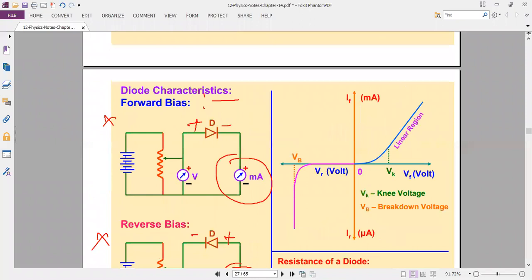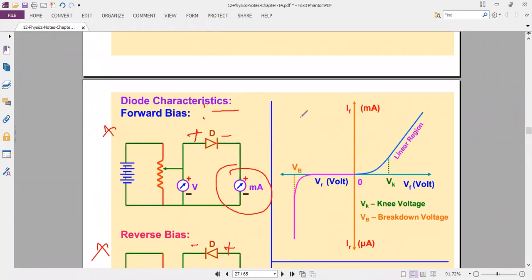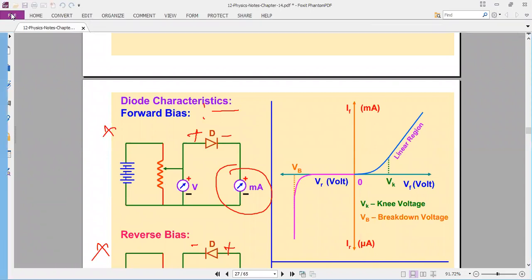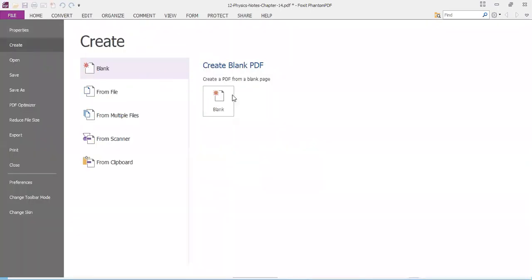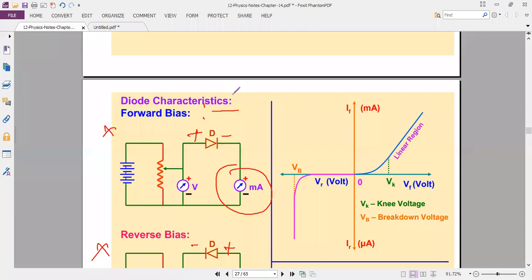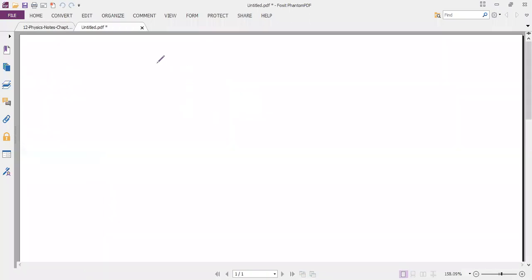Now we go for the graph. In the physics lab, for the PN junction, forward bias and reverse bias, there is one device, that is a kit.